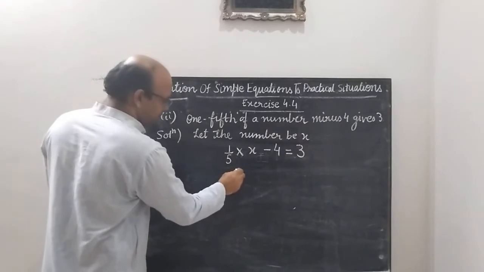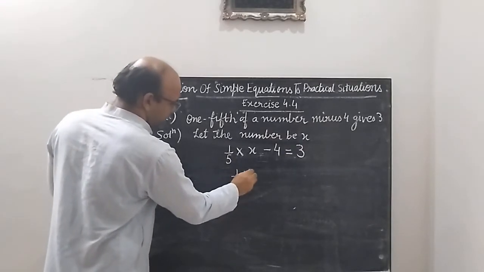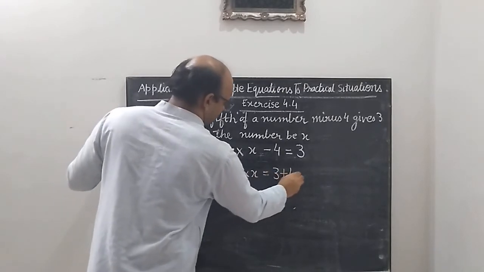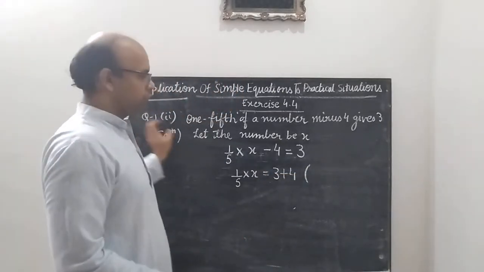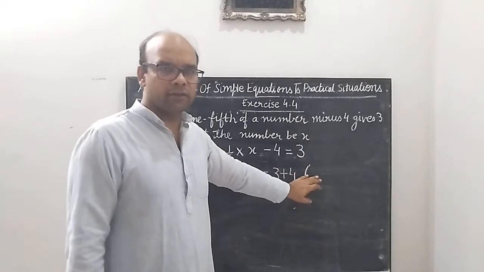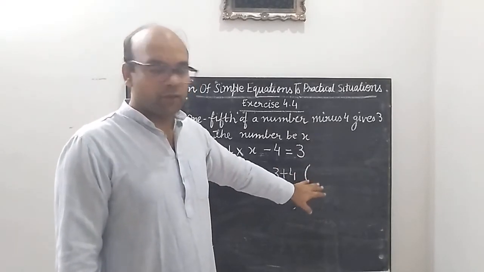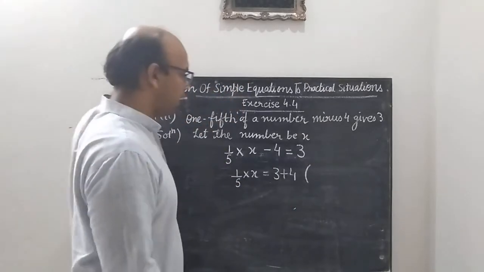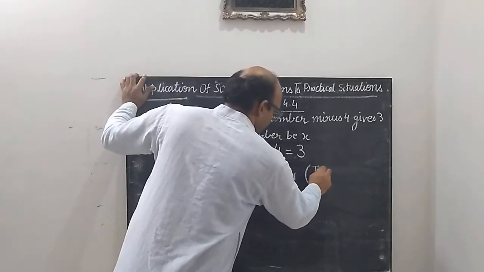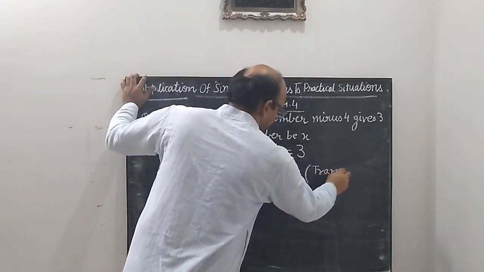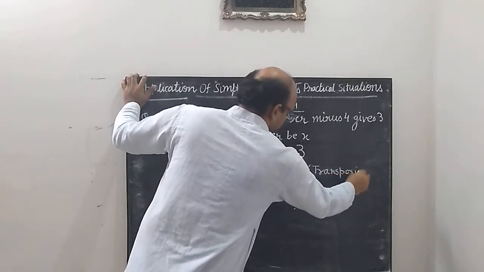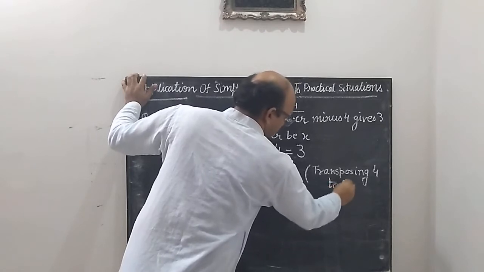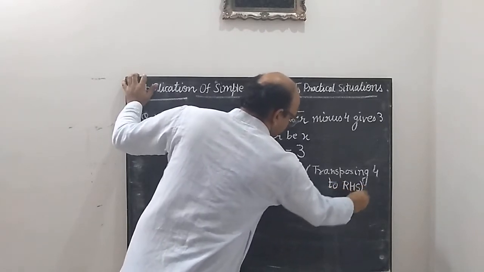So this will mean 1 by 5 into x is equal to 3 plus 4. What has to be written over here? Absolutely right. We will be writing transposing 4 to RHS.